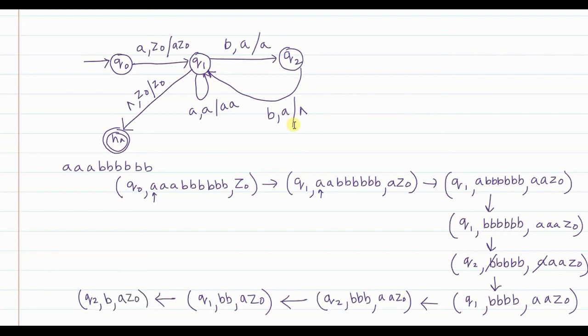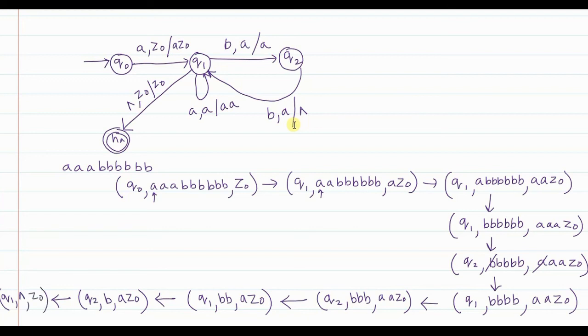The stack contains the same AZ0. Now when the second B in the pair is encountered, you cancel it out with the A on the stack and move to Q1. As a result, there won't be anything else remaining to be read, and the stack will also be empty.